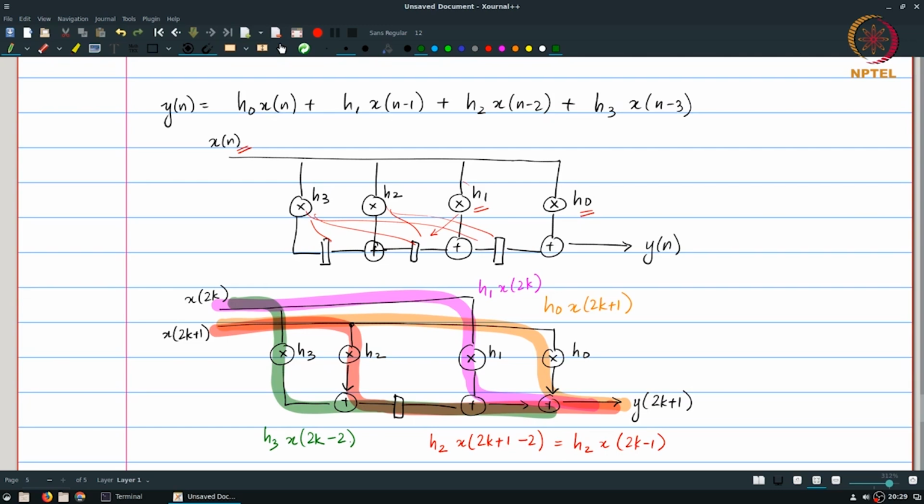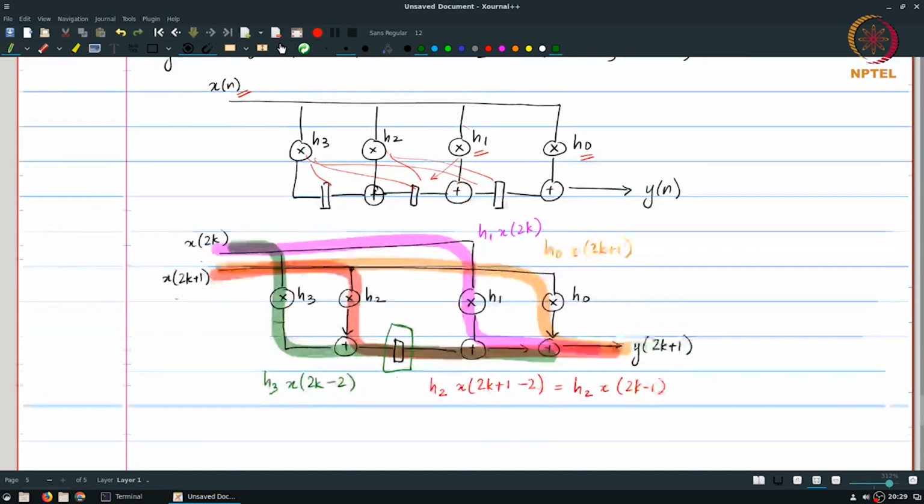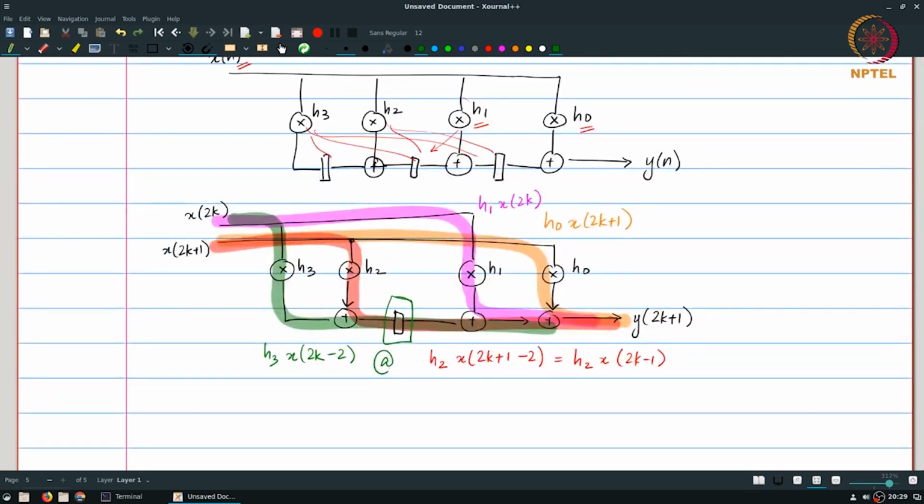Now, how did we obtain this? Notice that this delay element that we have over here is the only delay element that we are using in this particular path. But since it is working at a reduced sampling period of 2t, a single delay element effectively creates a 2 sample delay on the original input stream.